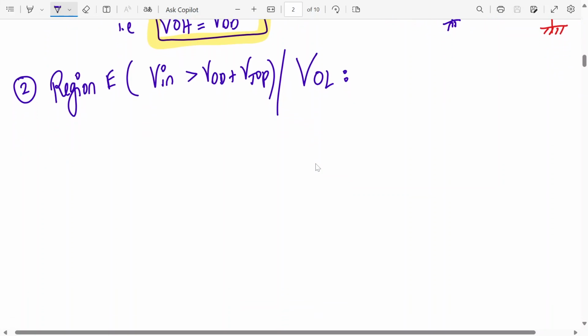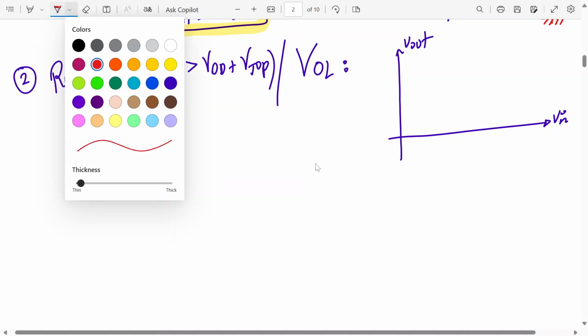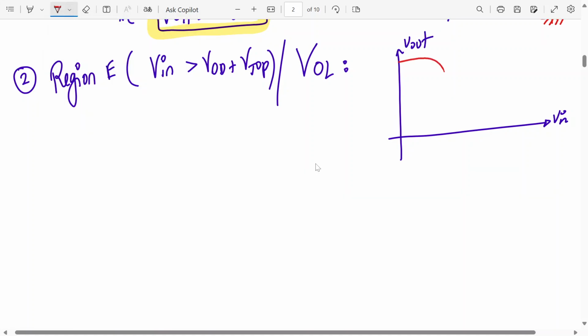Now in region number E, what is the scenario? If I plot the VTC curve, Vin versus Vout, my curve will be like this. Here, this is the point VDD plus VTOP, and here it is 0.